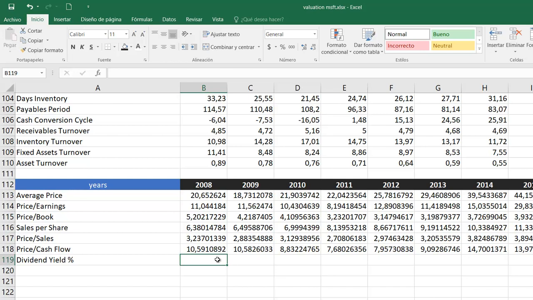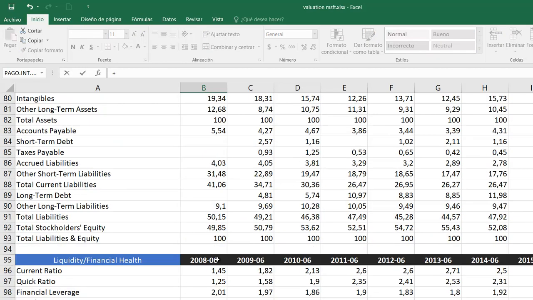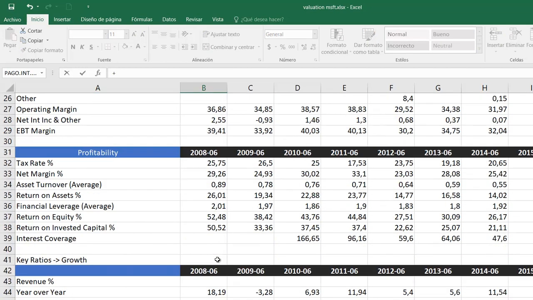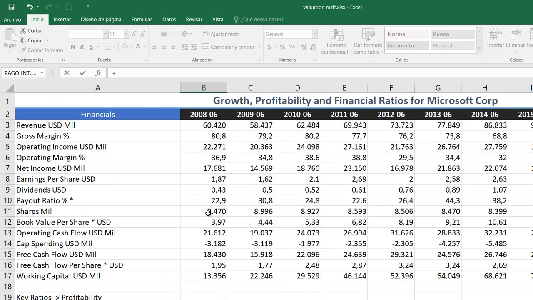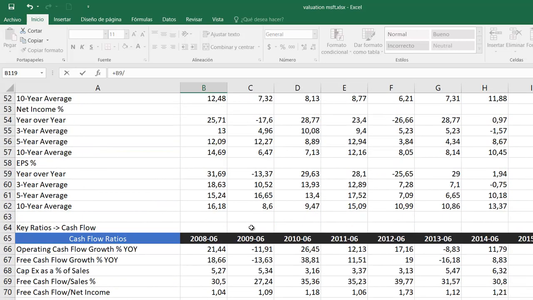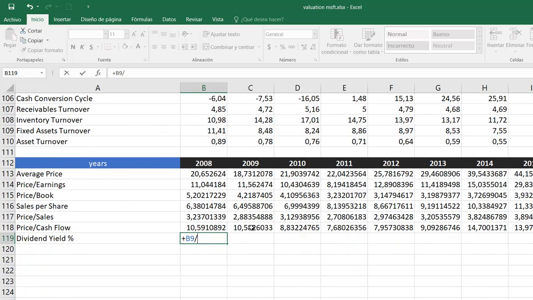And last, there is the dividend yield, and we have the data. We have the dividend per share right here, in the beginning, on row 9, and we have the average price.